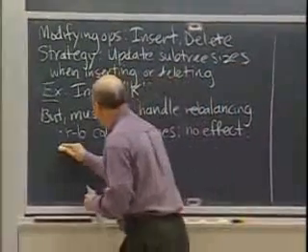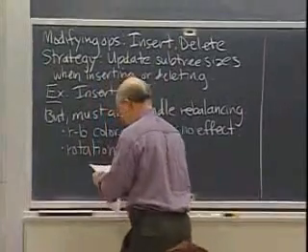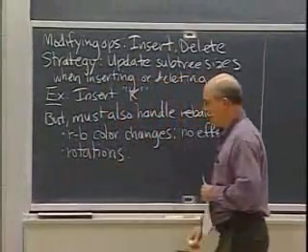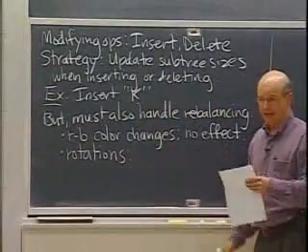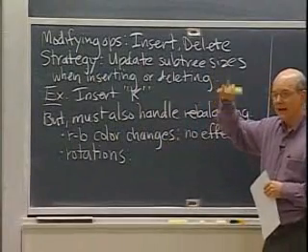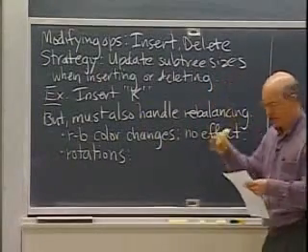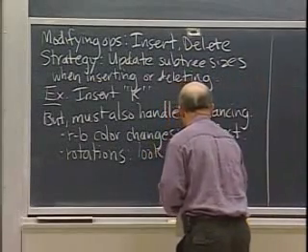But also, the interesting one is rotations. Rotations, it turns out, are fairly easy to fix up, because when I do a rotation, I can update the nodes based on the children. I'll show you that. You basically look at children.